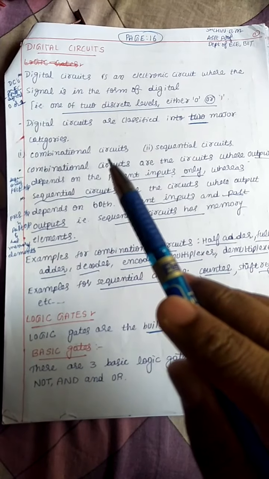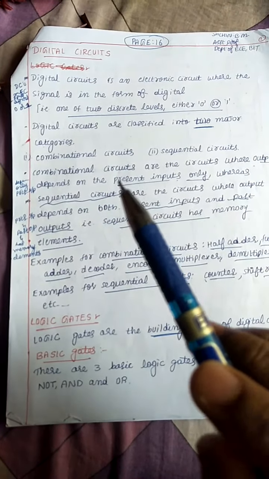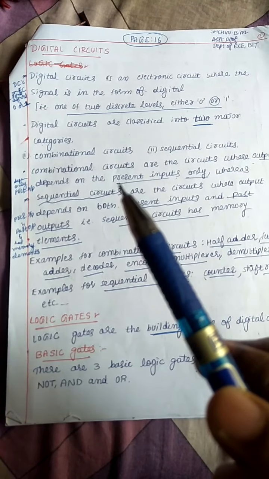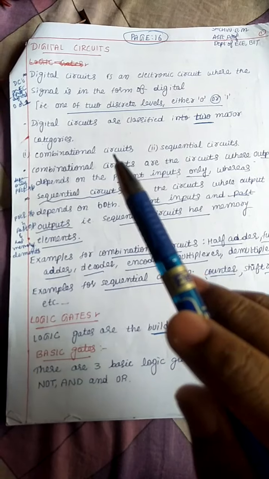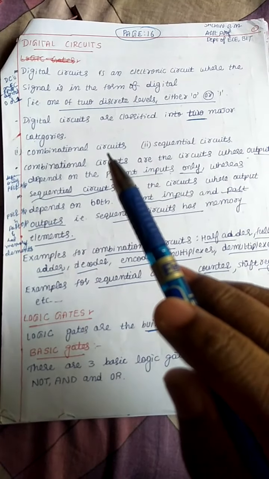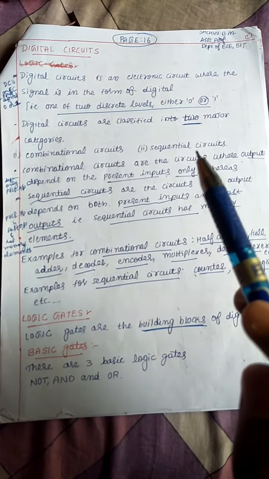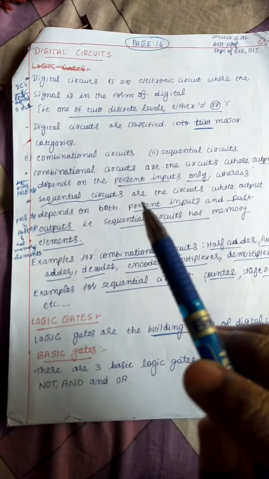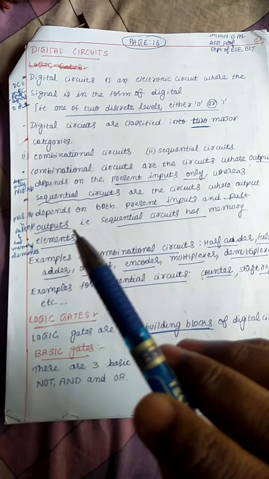In the case of combinational circuits, the output depends only on the present inputs. Is it clear? In the case of sequential circuits, the output depends on the present input as well as the past output.